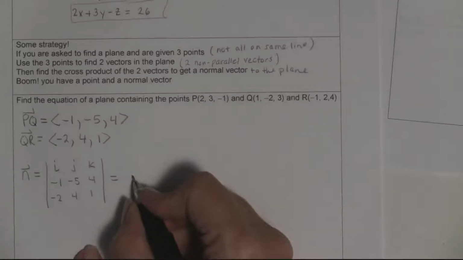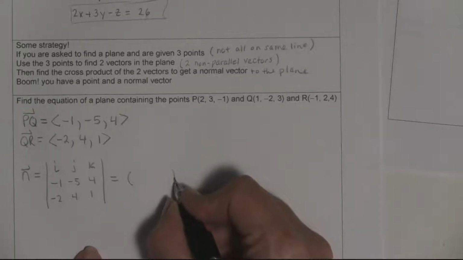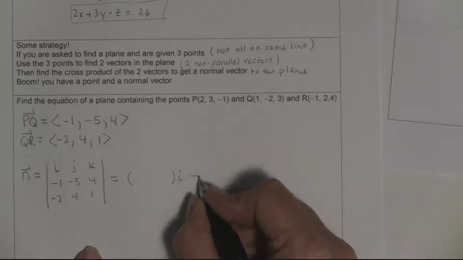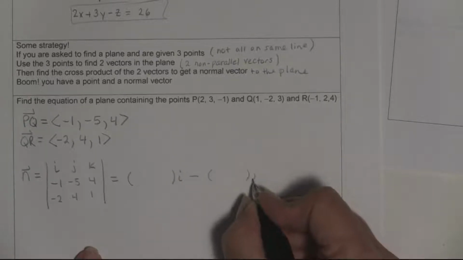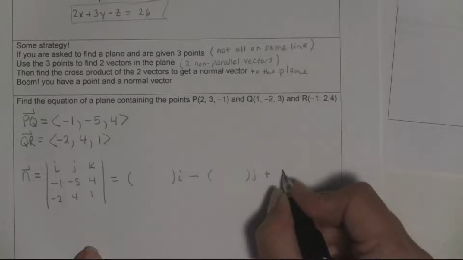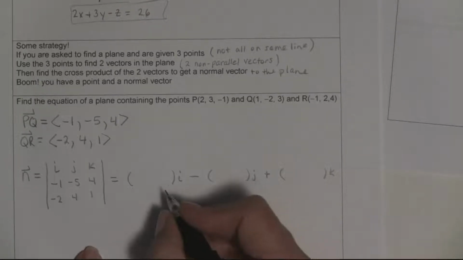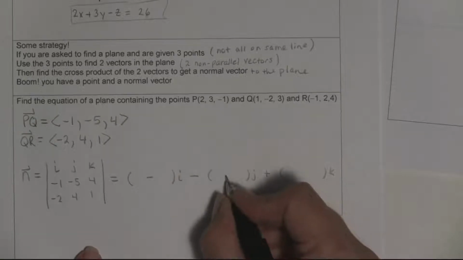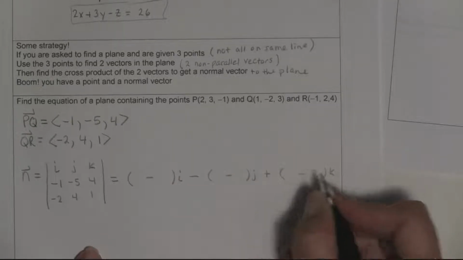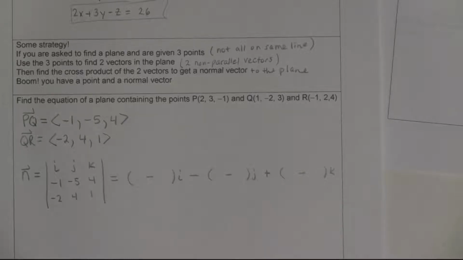Because I don't want to make a mistake, I put out here my I, then minus, and then my J, and then plus, and then my K. That's what I do. And then I come here in between, and I put the minus that's in between, because now I'm just going to multiply these. You do you. I mean, it's however you want to go.